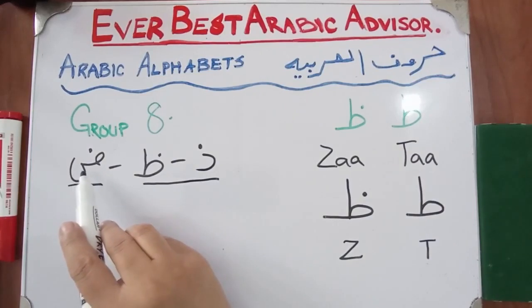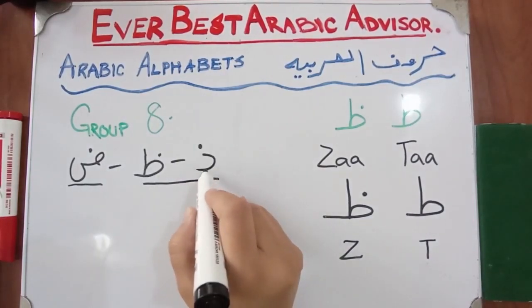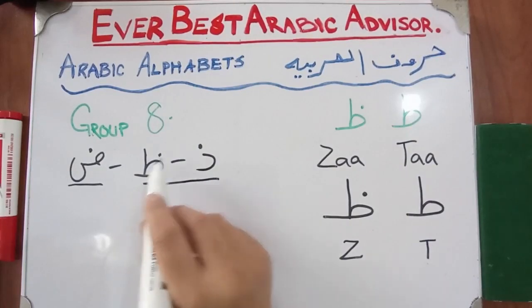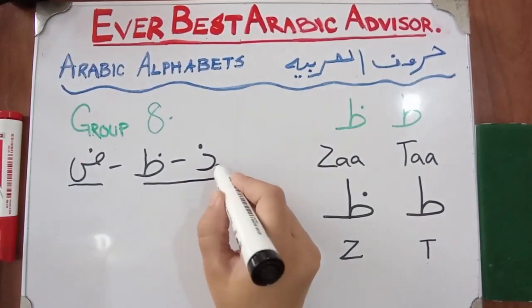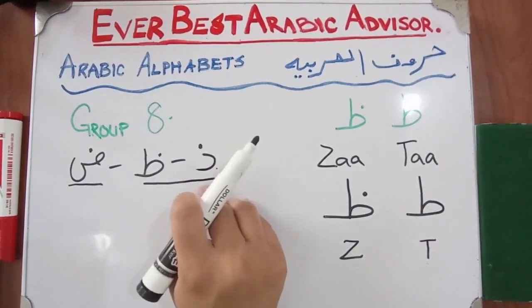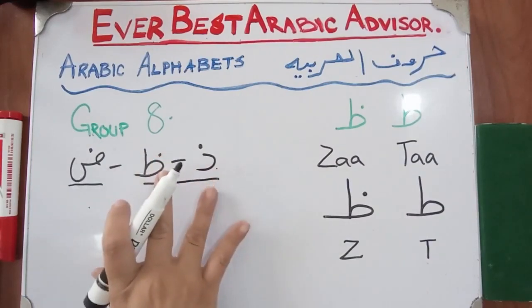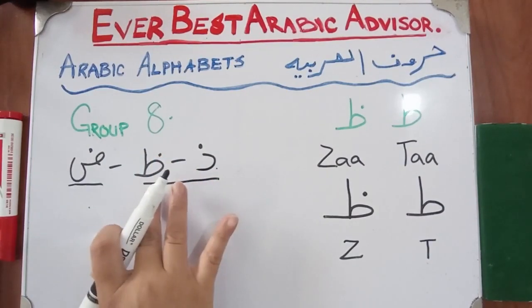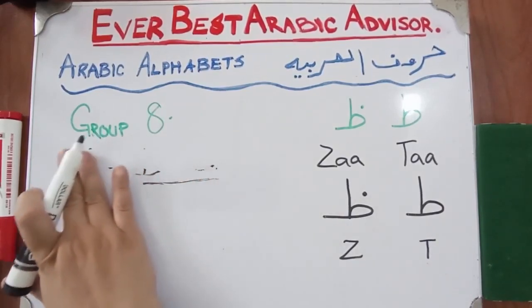It is pronounced from the side of the tongue. Zal is a soft letter and Zo is a heavy letter. Zal, zo, zod, zal, zo, zod. This is the difference between them.